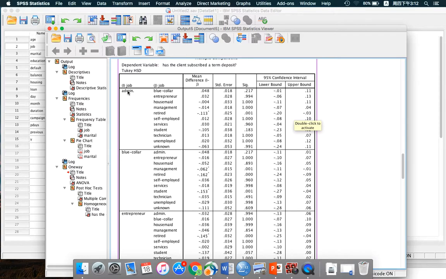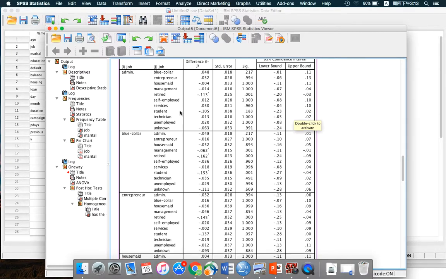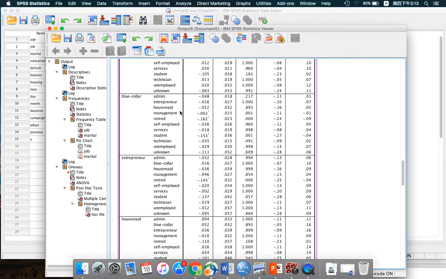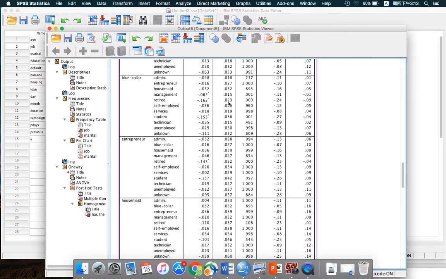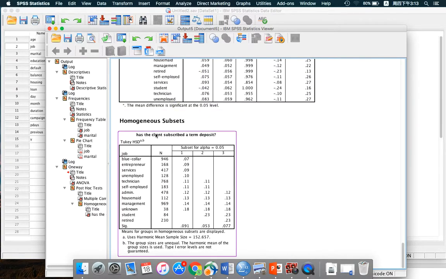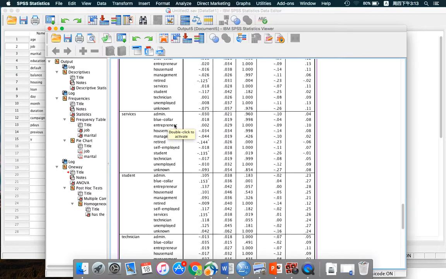So for this one, people in administration have a lower interest mean than people who are retired. This gives us a better understanding of what kind of people we should target. For another, blue collars have a lower interest than people in management, and so on. This is the result from our ANOVA.